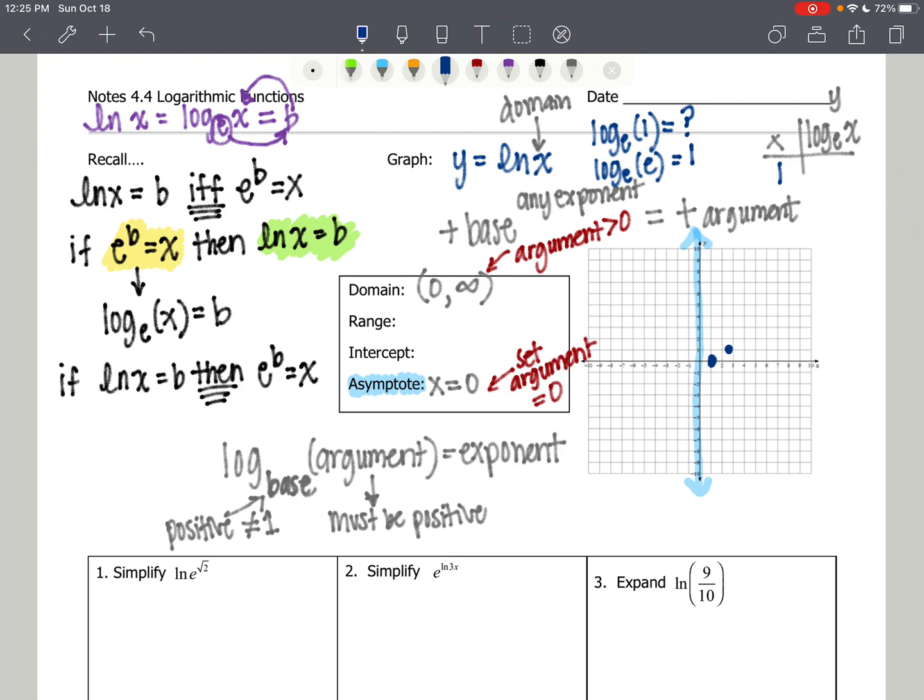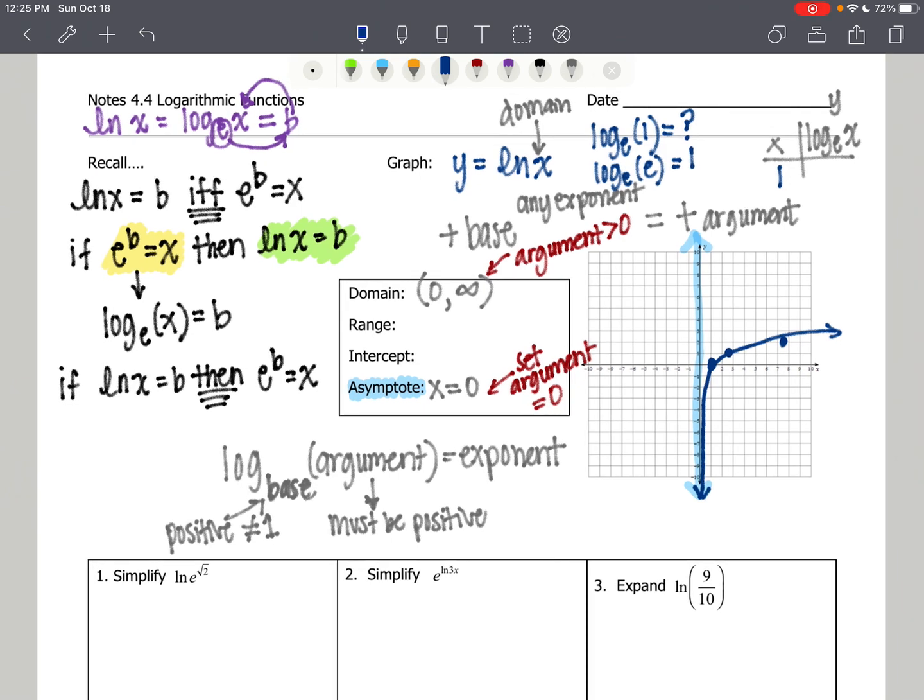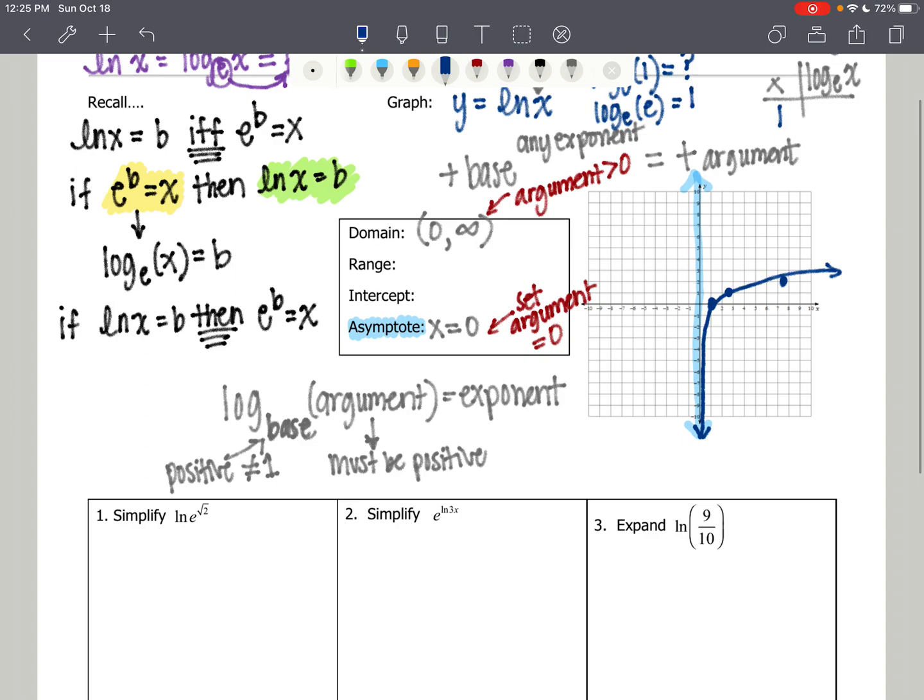And then the next value that I can put in is 7.4-ish, and I'll get a 2 out. And then my graph of my natural logarithm is going to hug that vertical asymptote as it goes down to negative infinity. So that's the graph of our natural logarithm.